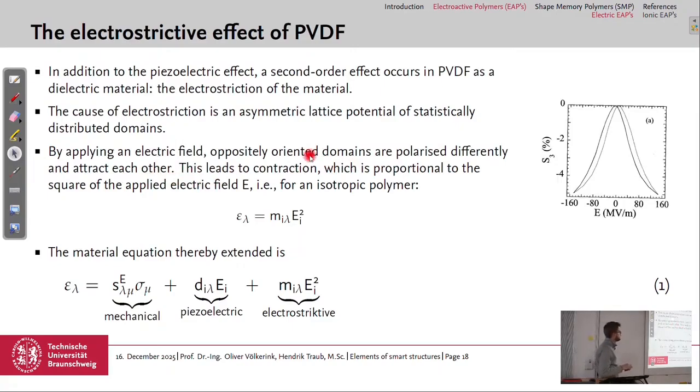So this is not caused by the piezoelectric effect, but by the electrostrictive effect, which is far less than the piezoelectric effect. But we can also include it in our equation or in our model for the small signal behavior. So then we have not only the mechanical and the piezoelectric terms in it, but also the electrostrictive effect.